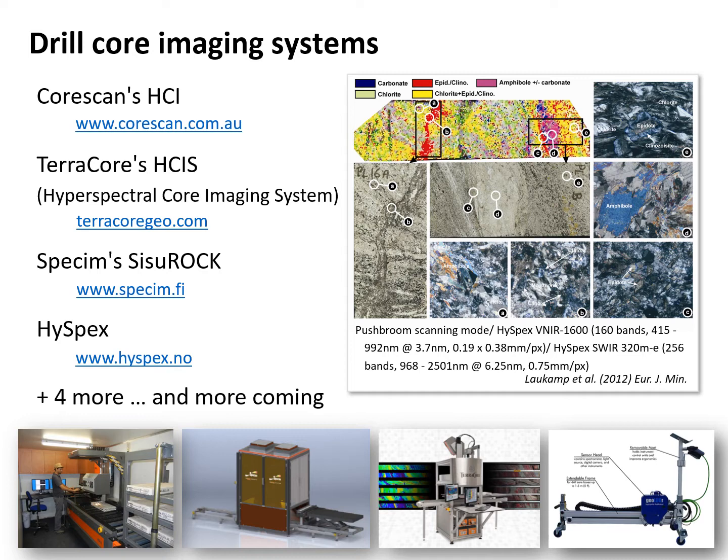Whereas a handheld scanner or a drill core scanner will normally see a larger area of material, so you have to deal with the unmixing of the spectrum to end-member minerals. CoreScan and TerraCore dominate in this area, and Specim in Finland. So there are opportunities for imaging with shortwave infrared spectroscopy at a range of scales.